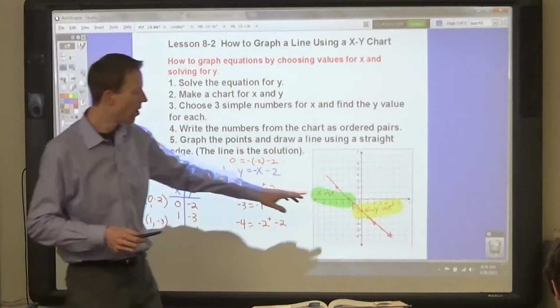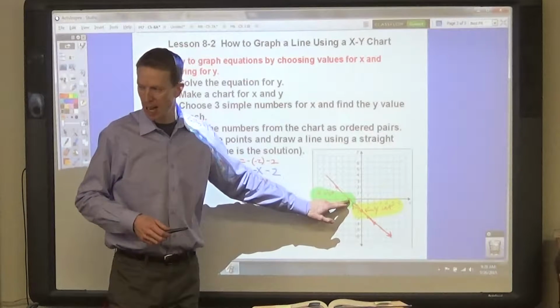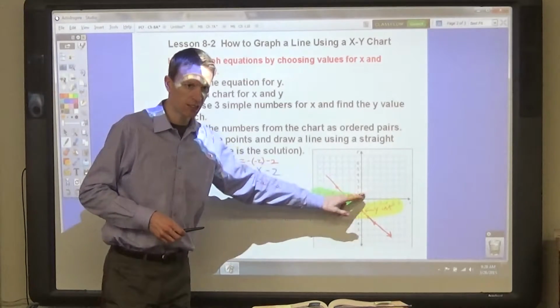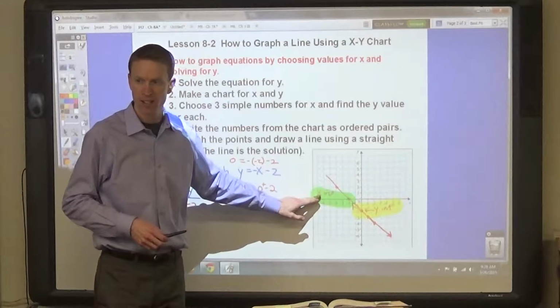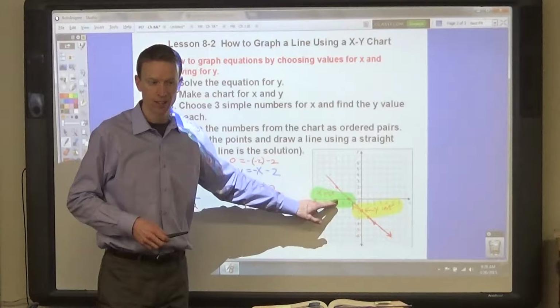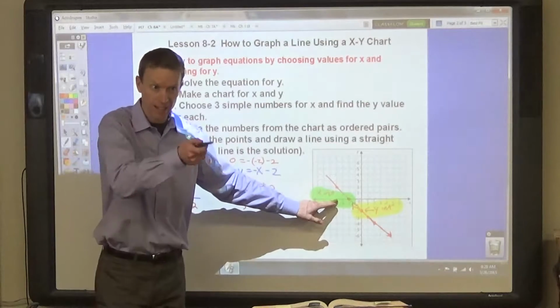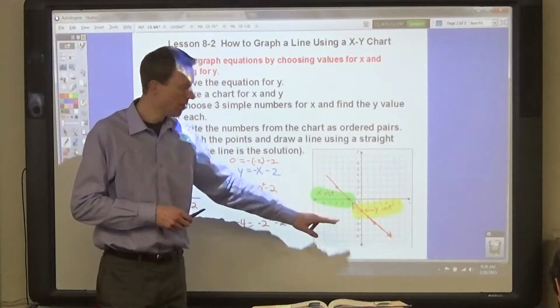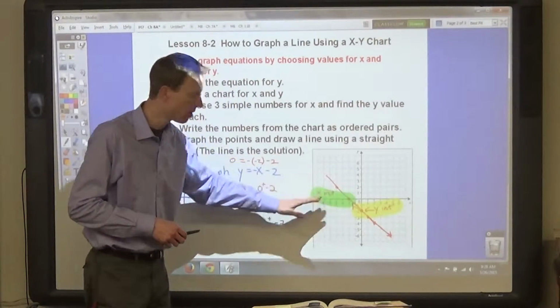And then we learned about the spot that it crosses the x-axis. The spot that this line crosses the x-axis is called the what? X-intercept. In other words, where the line crosses or intercepts the x line.